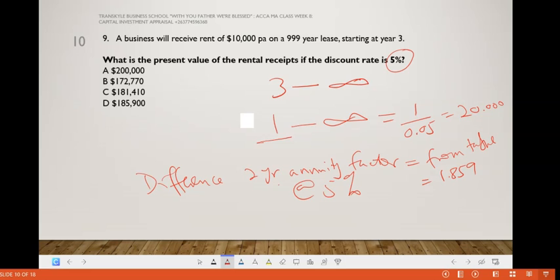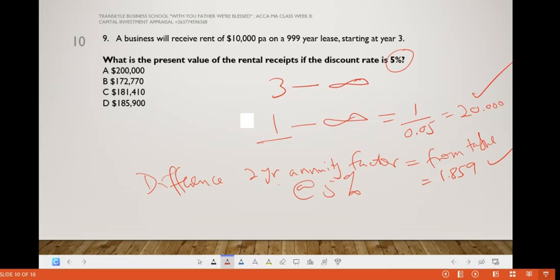So obviously, if we know that the ordinary annuity from year 1 to infinity is 20,000, and the annuity between year 1 and year 2, or rather a 2-year annuity, is this one.